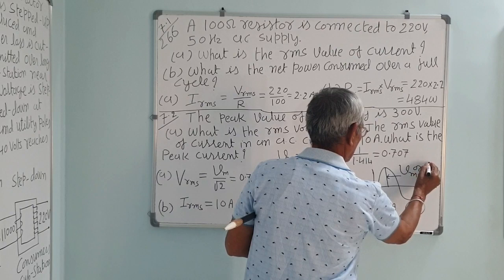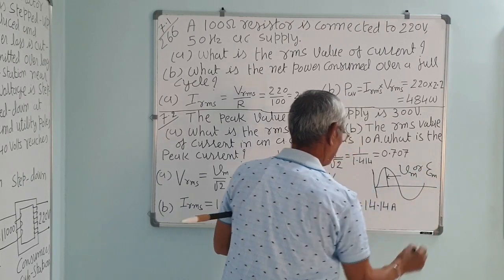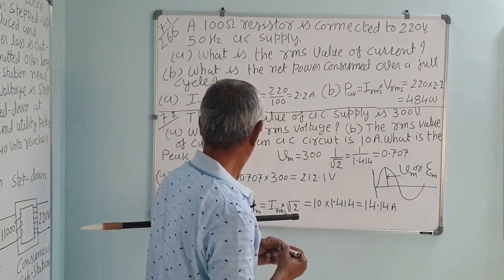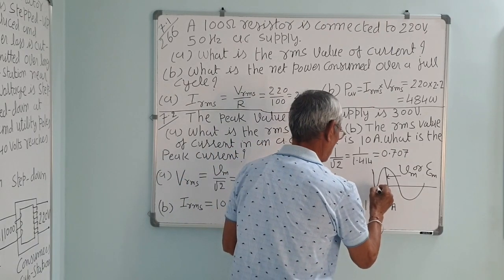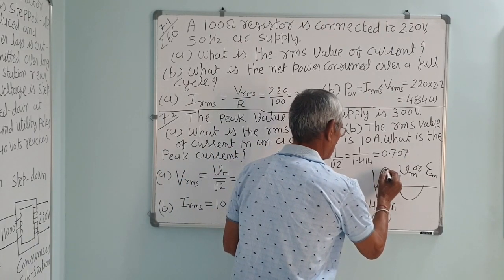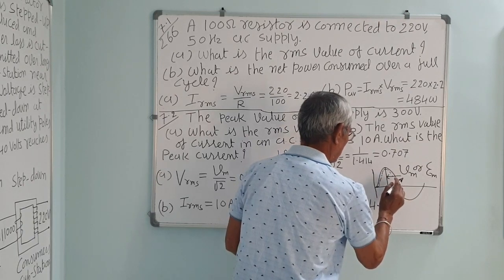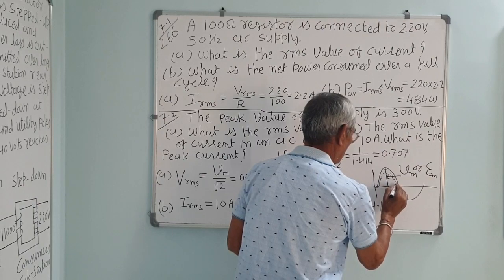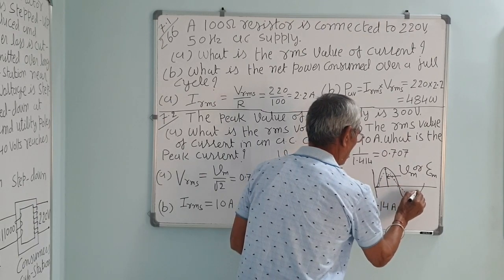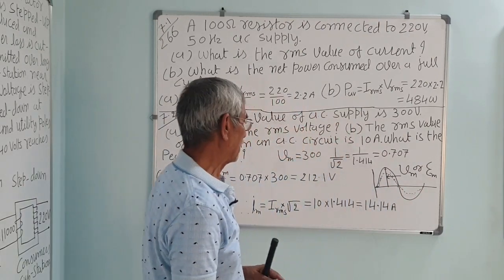Current is somewhat less. If it is resistance, they will be in the same phase. Correct? There is no phase difference if it is resistance.